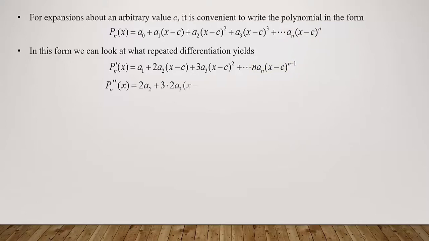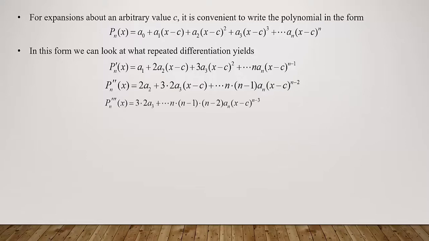Differentiate the first derivative to get the second derivative. The derivative of a sub 1 is 0. So the second derivative would just be 2a sub 2 plus 3 times 2a sub 3 times (x minus c) plus yada yada yada plus n times (n minus 1) a sub n (x minus c) to the n minus 2. Remember, it's easy to differentiate polynomials.